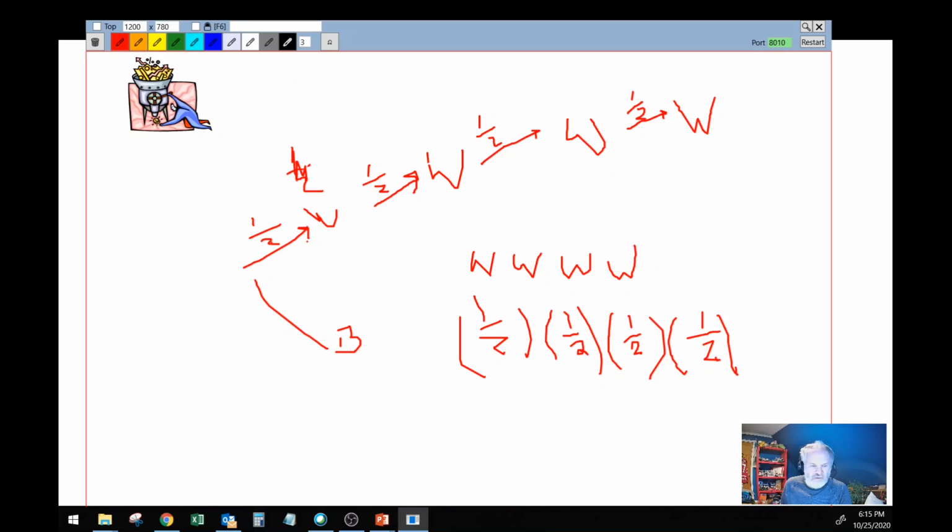Right? So 1/2 times 1/2 is a quarter, 1/4, then 1/8, then 1/16. So the probability of each outcome, because each outcome is a half times a half times a half times a half, is 1 over 16.